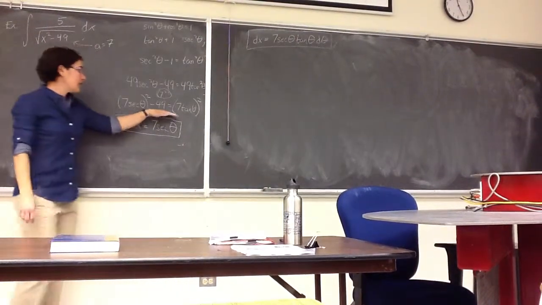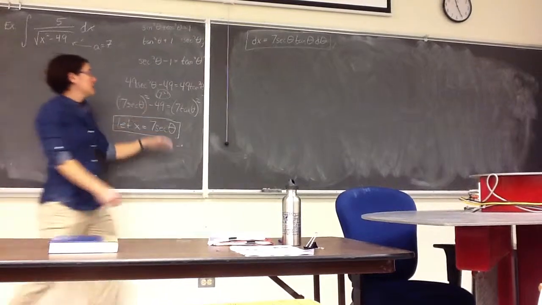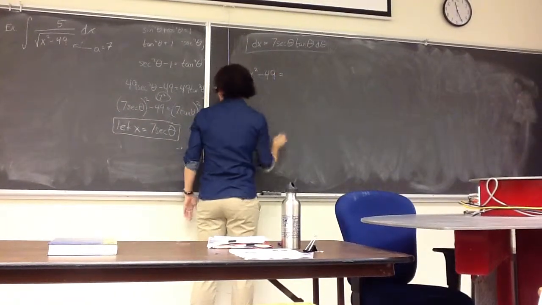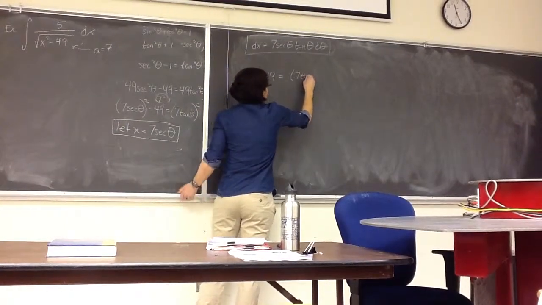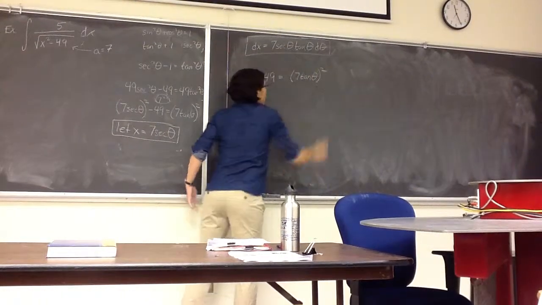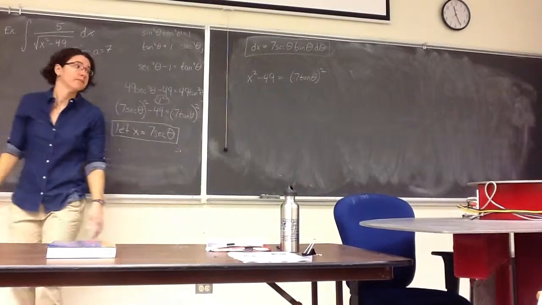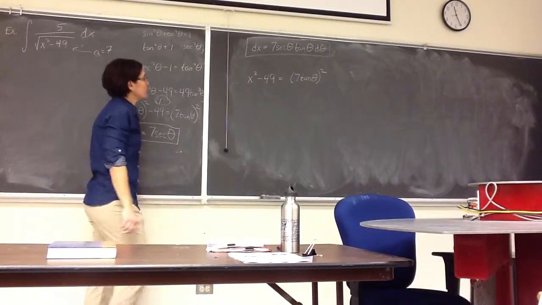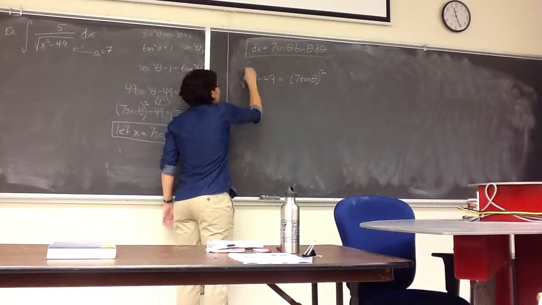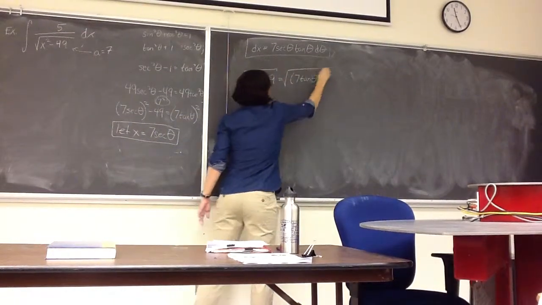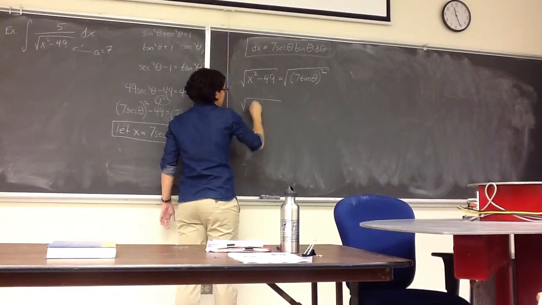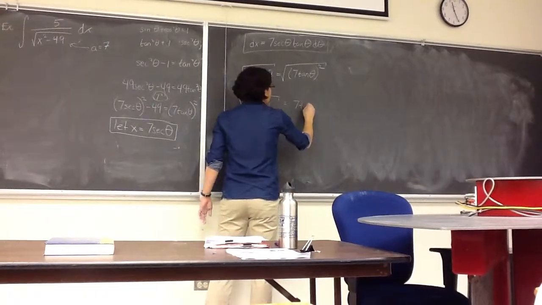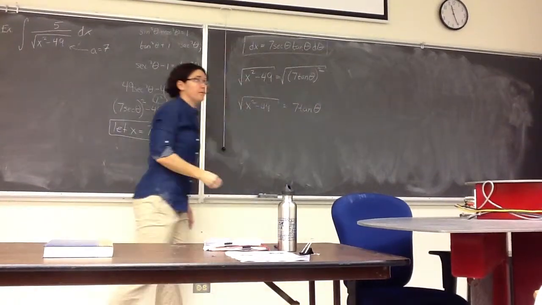And the other piece of work that I'm going to want to do is that x squared minus 49 is going to be equal to 7 tangent theta quantity squared. And so when I take the square root of both sides, we end up with square root of x squared minus 49 is equal to 7 tangent theta.